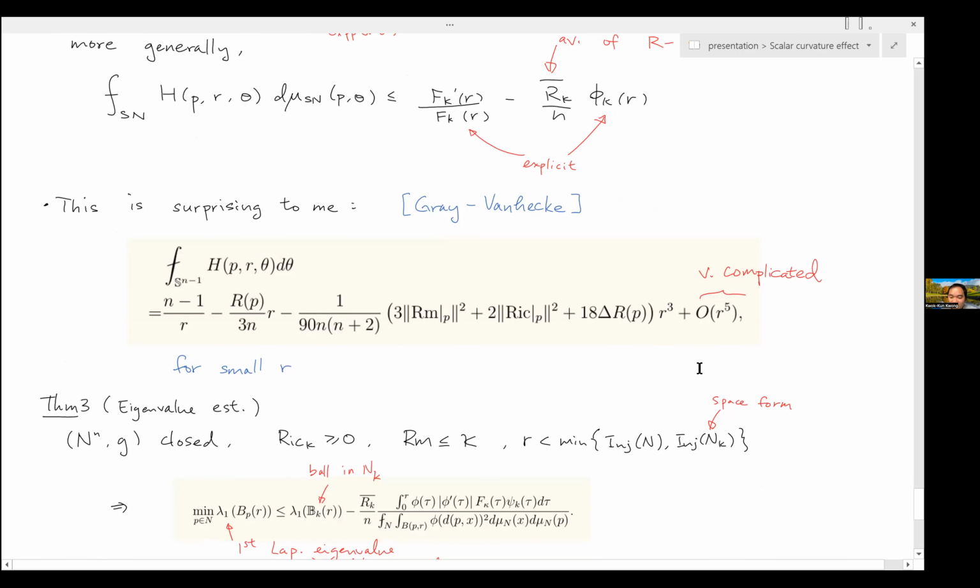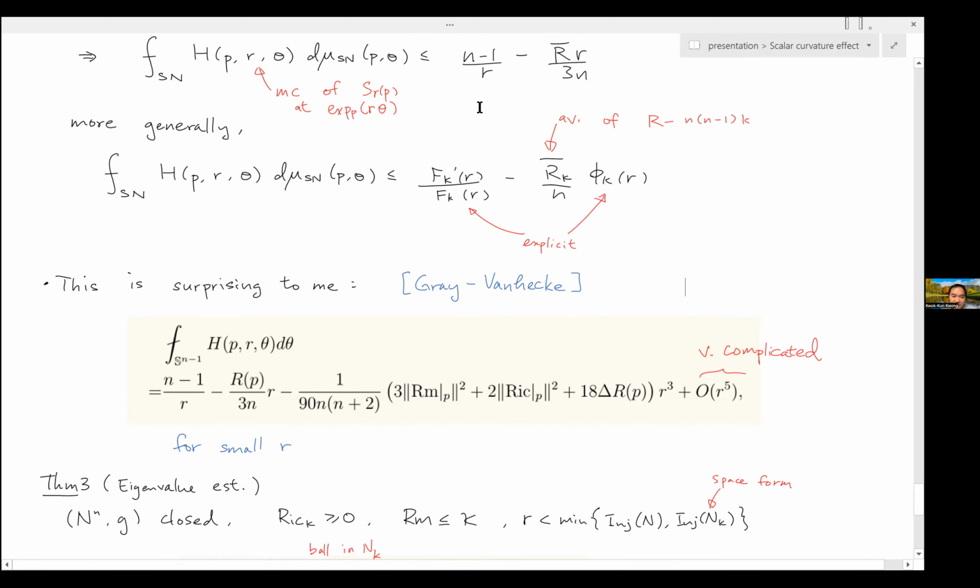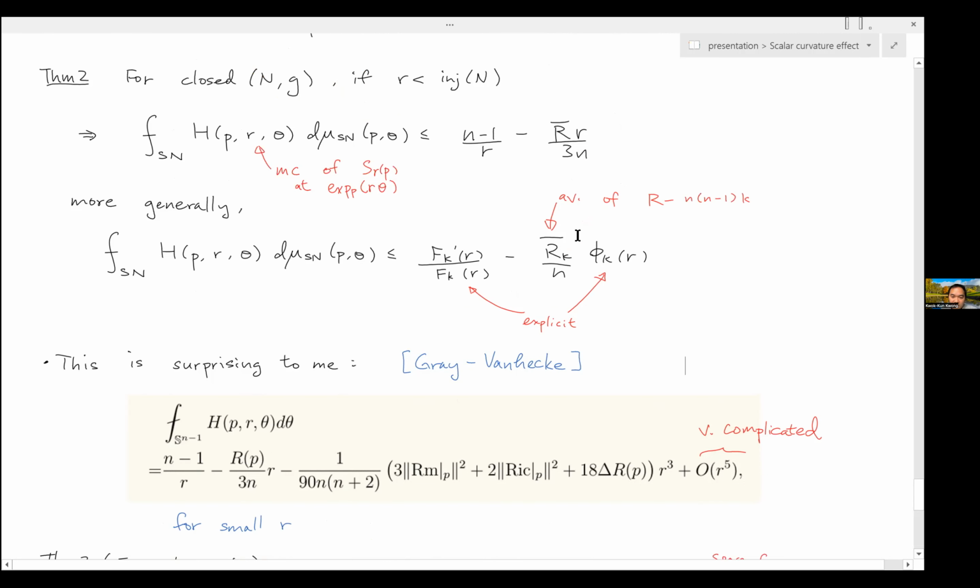I don't think I can do something like this. But anyway, it's a very complicated term. So you can't really say, oh, let's just integrate and then get this inequality here. No, you can't do this because there's no sign for this term here. So I'm quite happy with this bound here. There's no assumption on the Ricci curvature, and it's much cleaner than this theta expansion here.